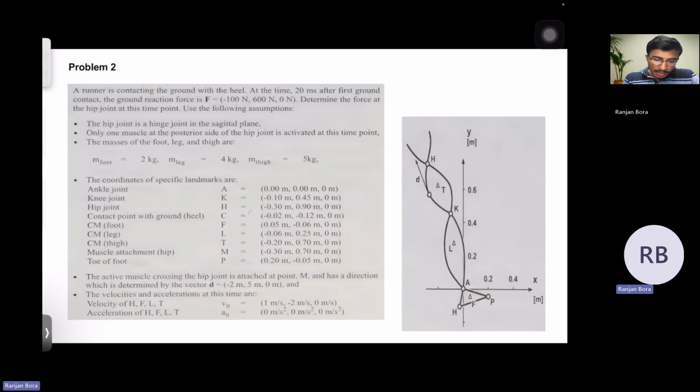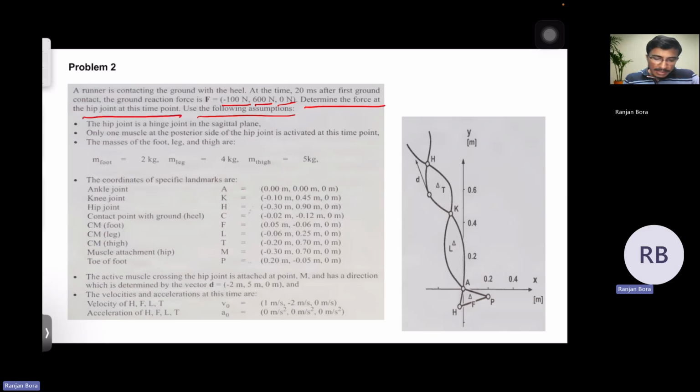A runner is contacting the ground with the heel. At the time 20 milliseconds after first ground contact, the ground reaction force F is minus 100 Newton, 600 Newton, and 0 Newton. We need to determine the force at the hip joint at this time point.